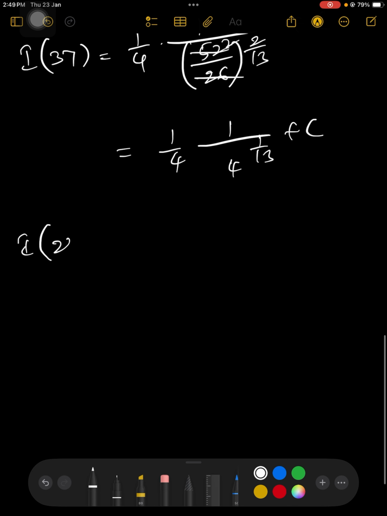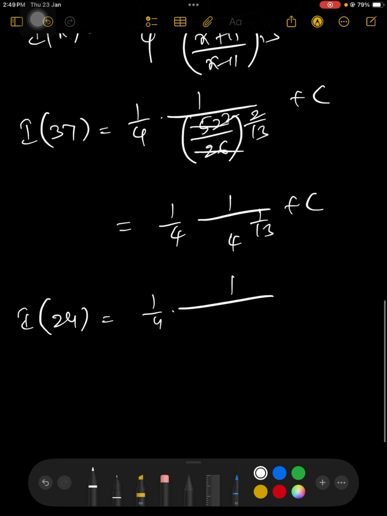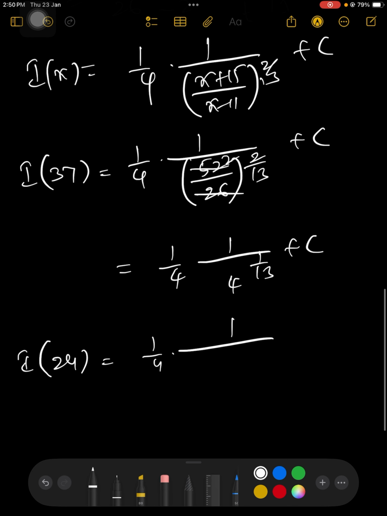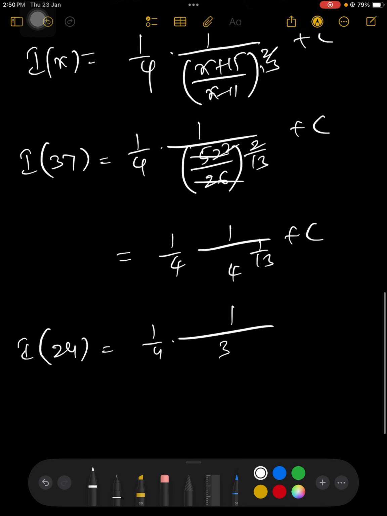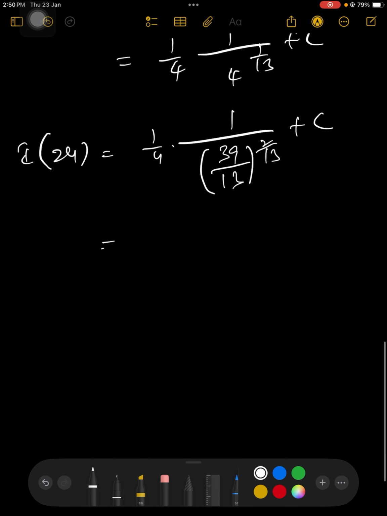Then I of 24 is 1/4 into 1 by ((24 + 15)/(24 − 11)) whole power 2/13 plus c. 39 by 13 is 3, 3 square is 9, so it is 1/4 into 1 by 9 power 1/13 plus c.